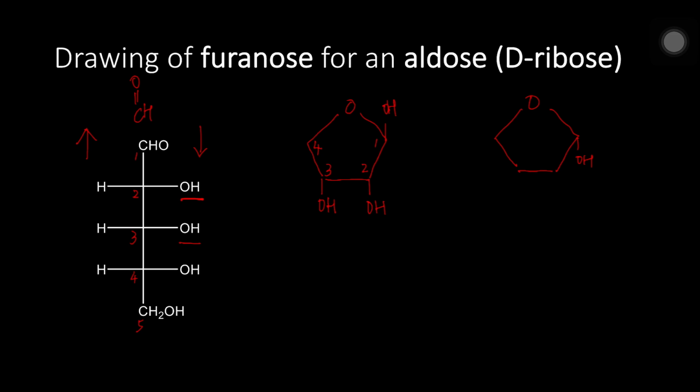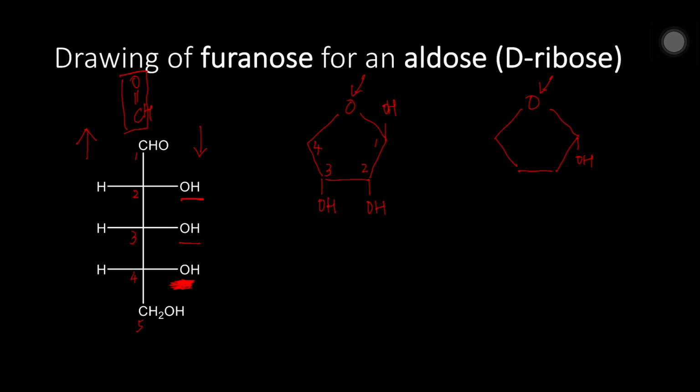For carbon number 4, you don't have to draw this OH down, because this OH is the one reacting with the carbonyl to form the ring. So this oxygen here is actually the oxygen in the ring.